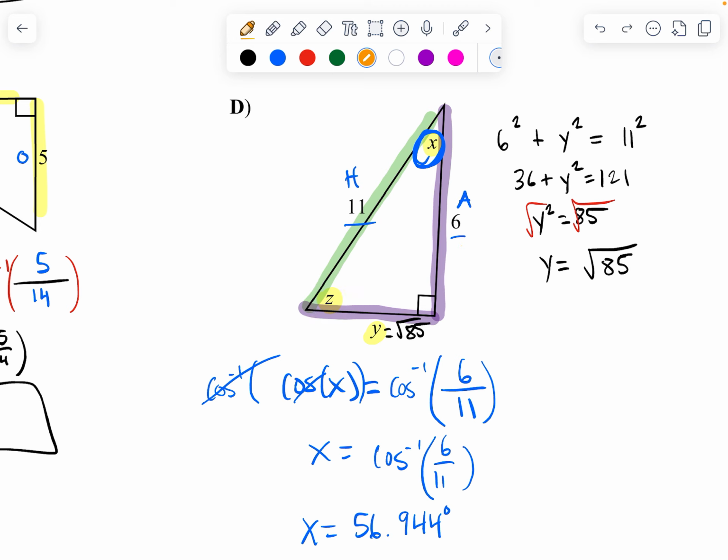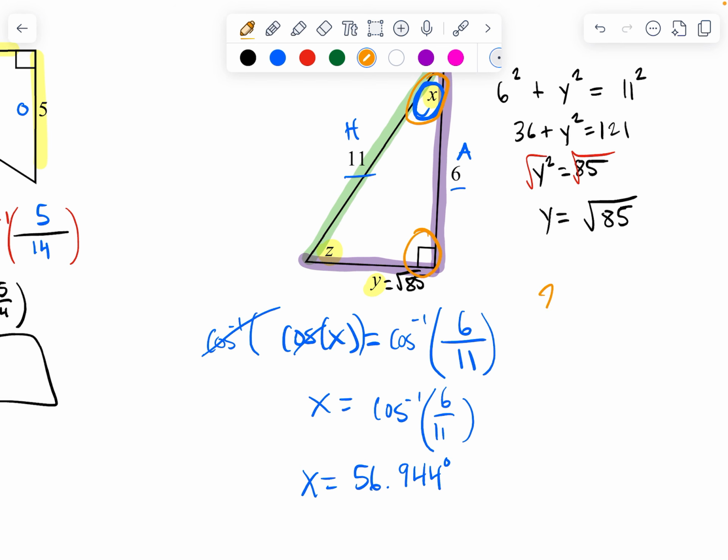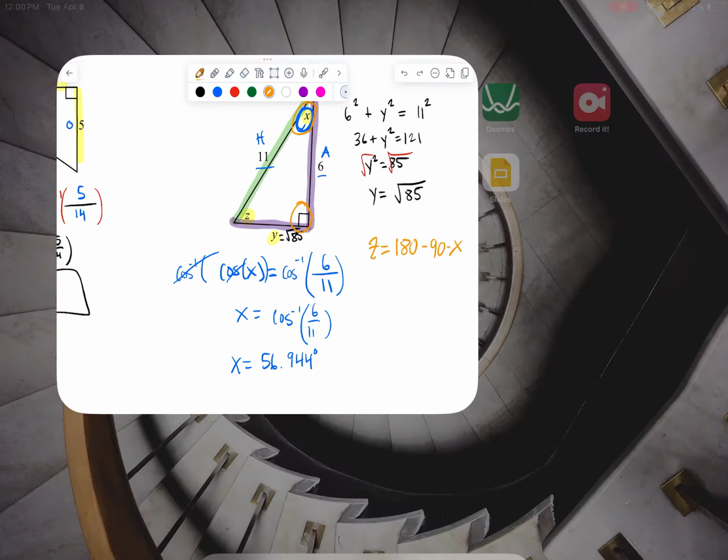But also we now know 2 out of the 3 angles, don't we? And don't all angles in a triangle add up to 180 degrees? They sure do, meaning that all we need to do to find z is we can actually just take our 180 and subtract the 90 degrees, that right angle, and the value we have for x, which we just so happen to have found, and we'll find our last answer.